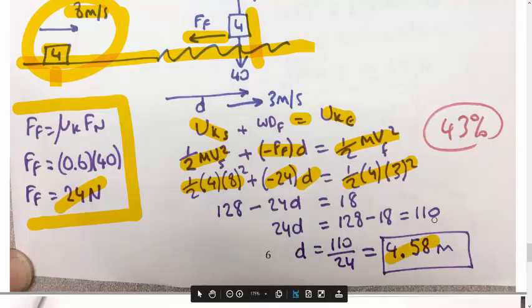Again, nice. It's a set piece. It's a classic situation. So expect to see a skier or a block or something on a friction surface or sometimes snow, but this is a classic problem.